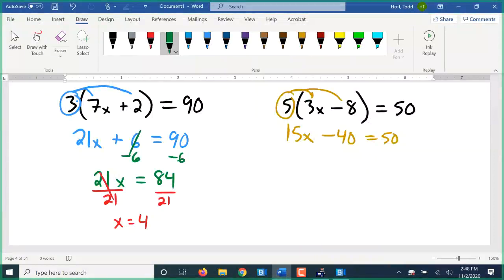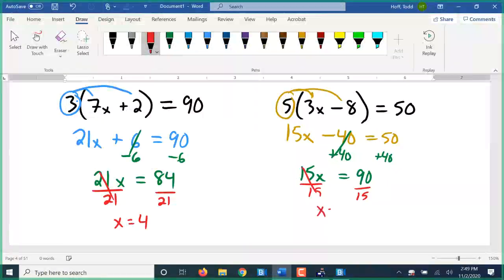Next, we'll go ahead and add 40. 15x equals 90. Divide by 15 to get x equals 6.